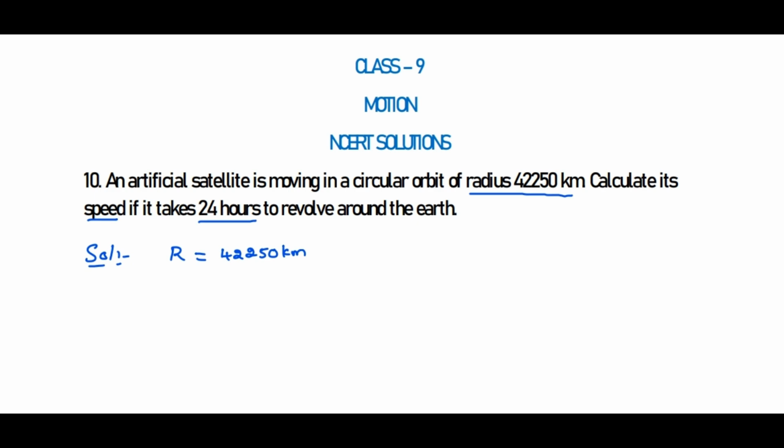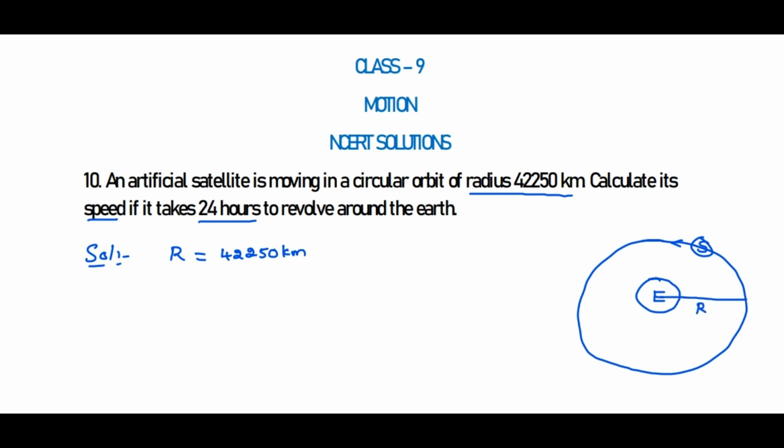Suppose this is a planet, the planet is Earth, and a satellite is revolving around it. The radius of the orbit is 42,250 kilometers.